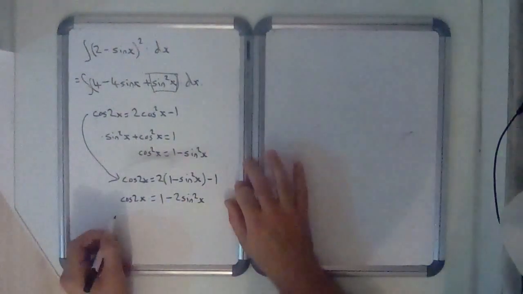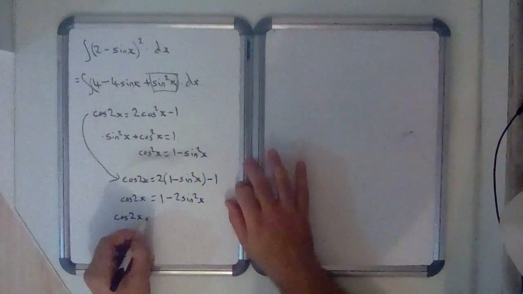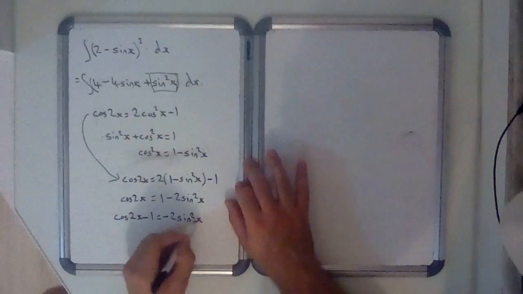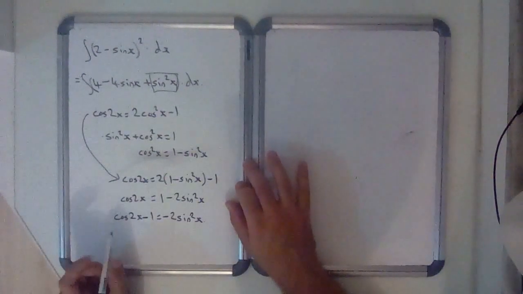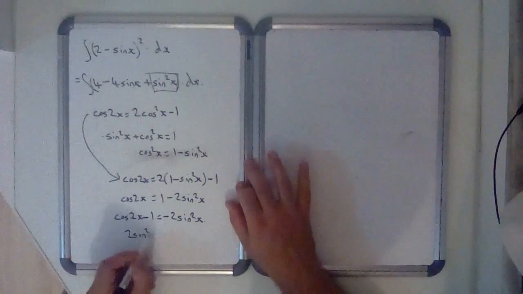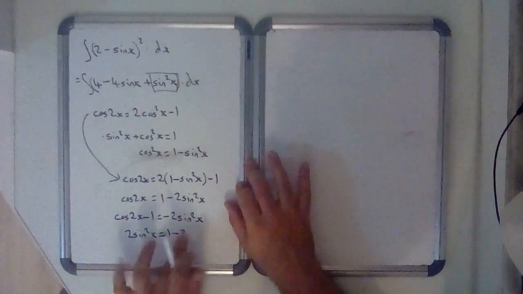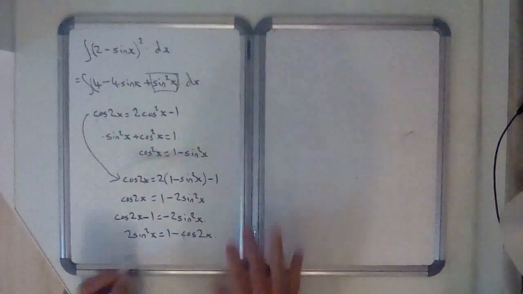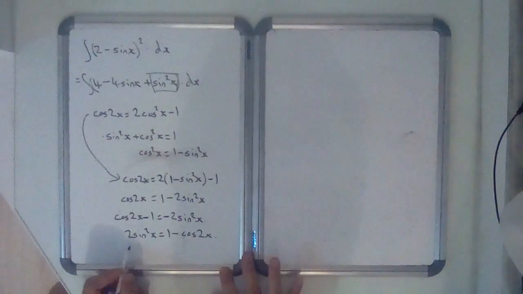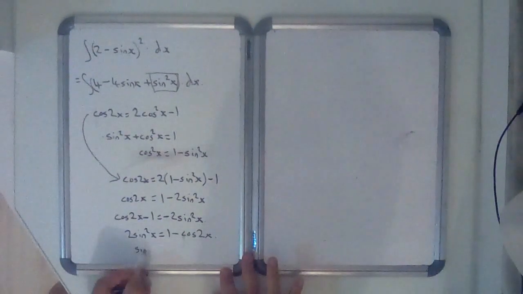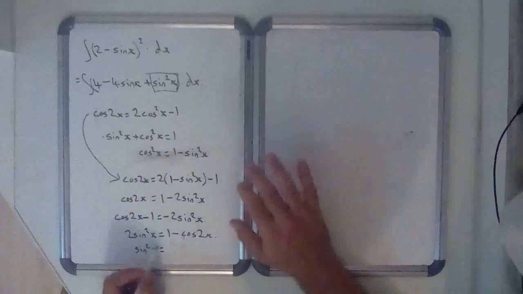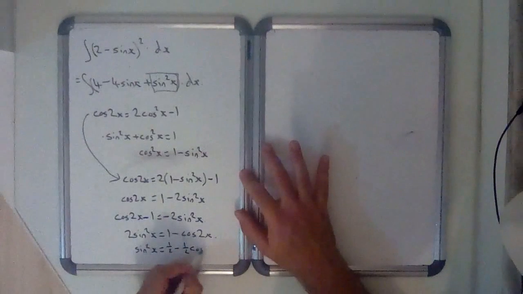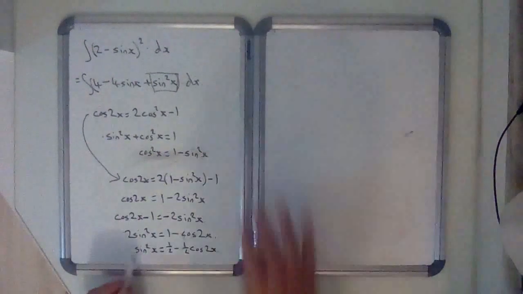So that would mean cos 2x minus 1 equals minus 2 sine squared x. I'm just going to swap those around. So 2 sine squared x equals 1 minus cos 2x, which would mean that sine squared x equals, if I just divide this by 2, 1/2 minus 1/2 cos 2x.